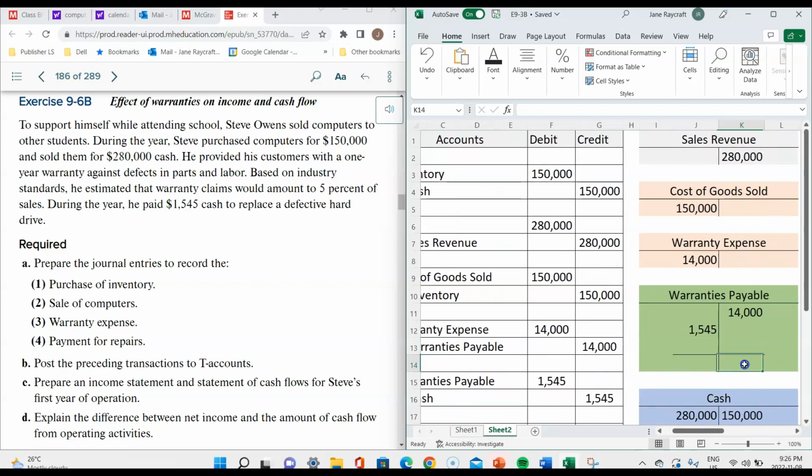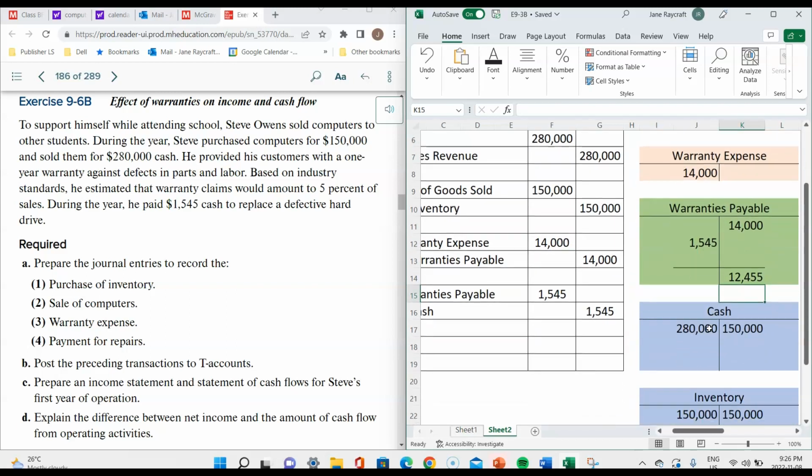So now we'll see at the end of the year that's how much is left to go, subtracting out of our cash account.